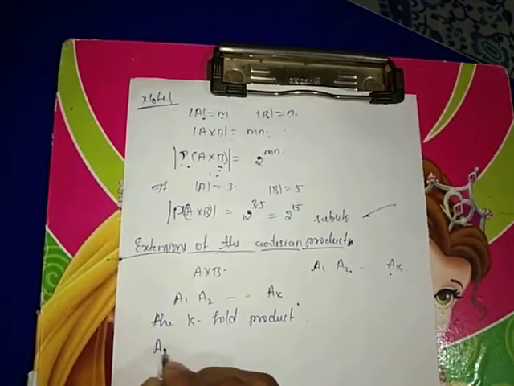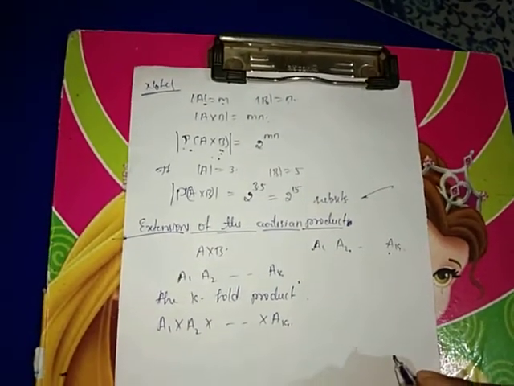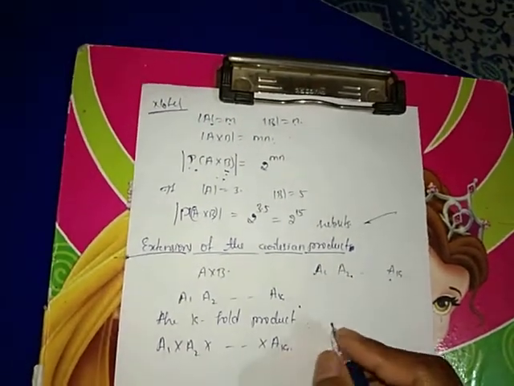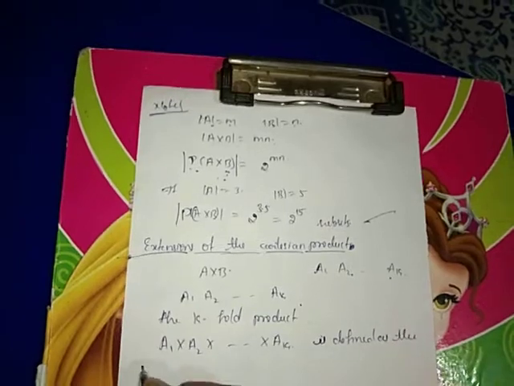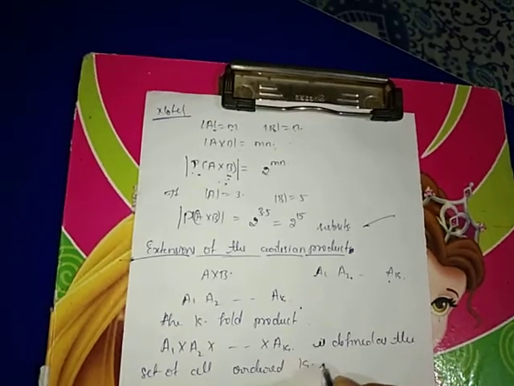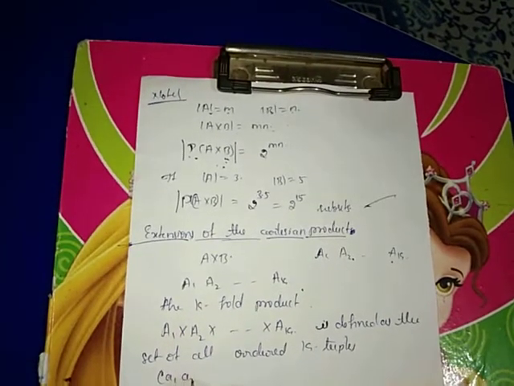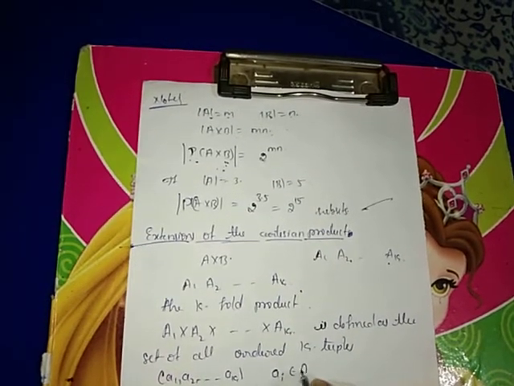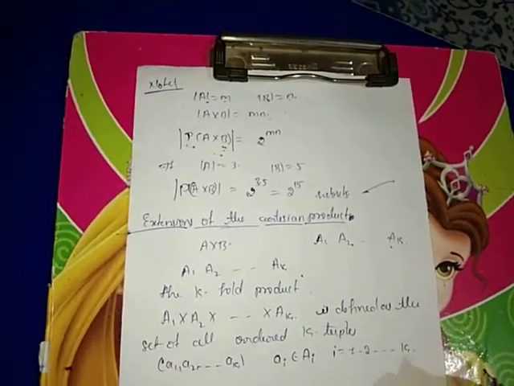K-fold product means A1 cross A2 cross, so on cross AK is defined as the set of all ordered k-tuples, that is (a1, a2, so on ak), where ai belongs to capital Ai, where i is equal to 1, 2, 3, so on k.